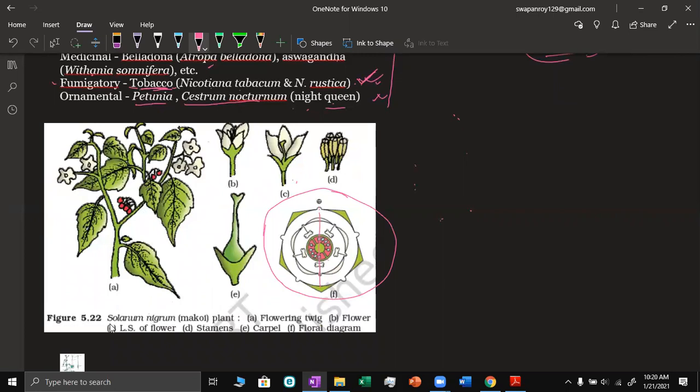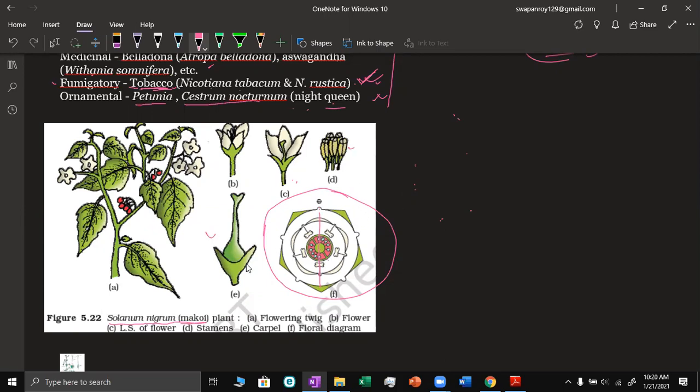This is a wild plant, Solanum nigrum, makoi in Hindi, a small herb which produces small berries. Here is the flower. These are stamens.